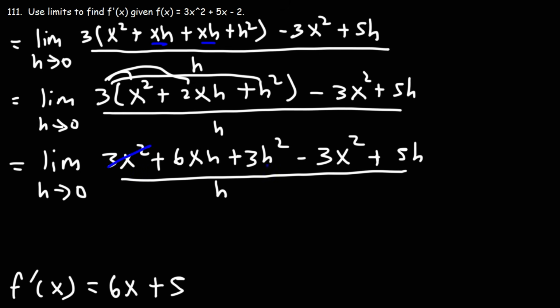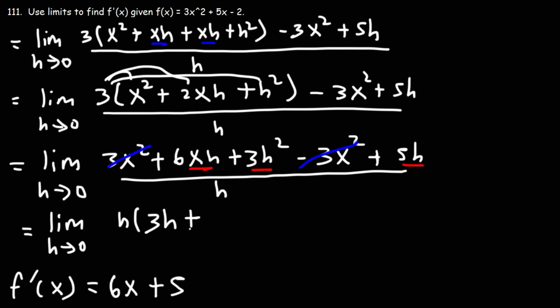So at this point, we could cancel 3x squared and negative 3x squared. Now, out of what remains, notice that we could factor out an h. So we're going to have h times 3h squared divided by h is 3h.